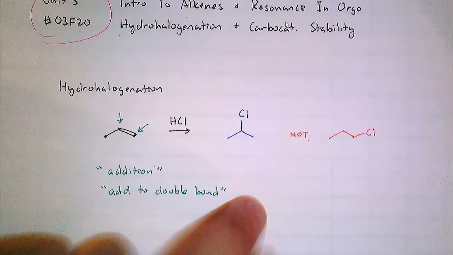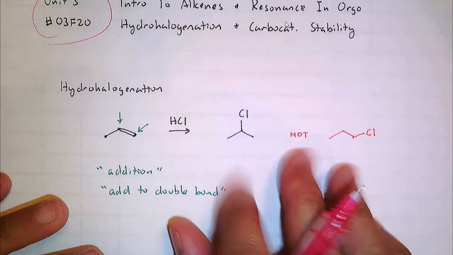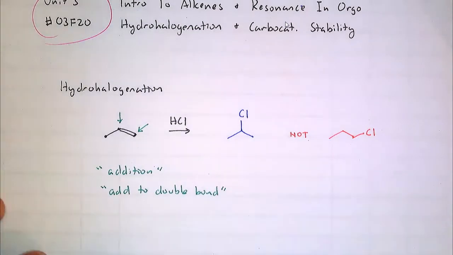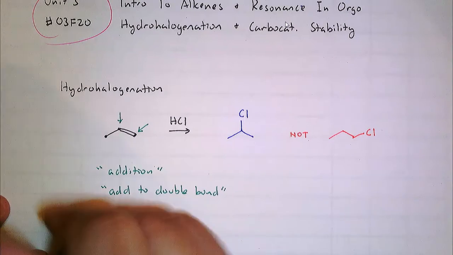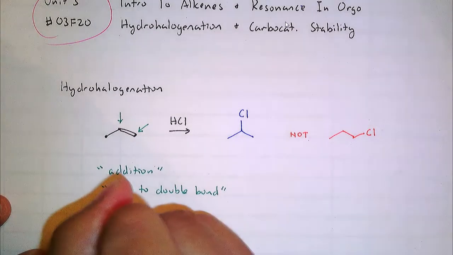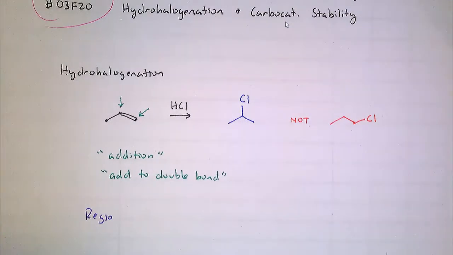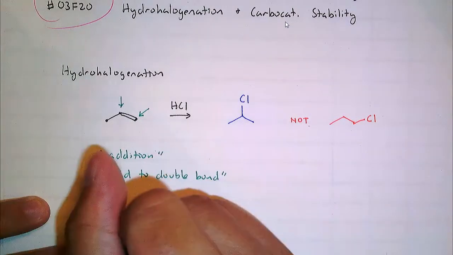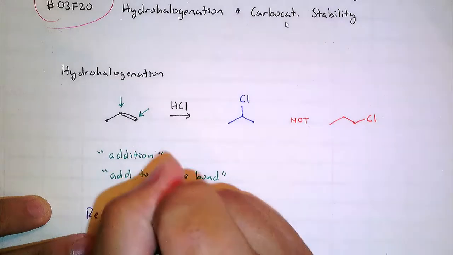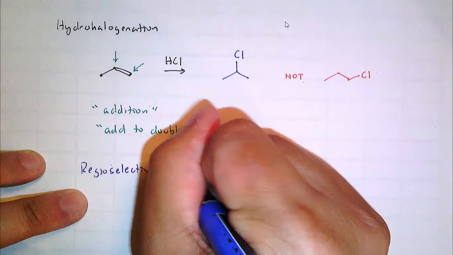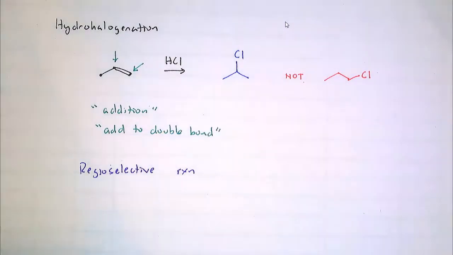This idea where you form one constitutional isomer over another is called regiochemistry, or we'll call it regioselective. It's regioselective because the reaction preferentially makes one constitutional isomer over another.